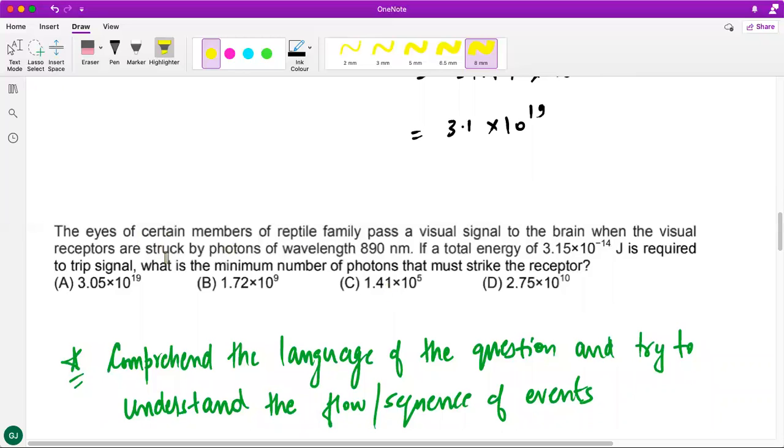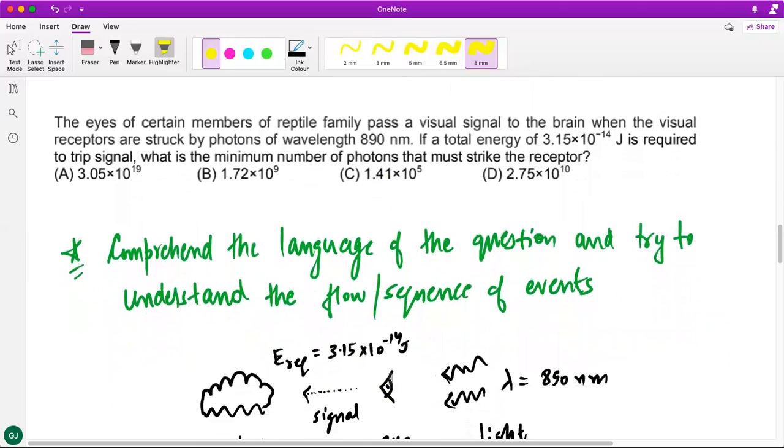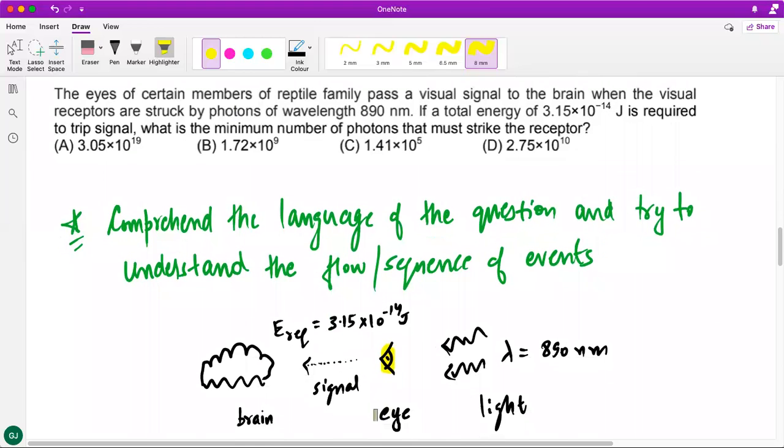So here you notice that there is this statement that eyes of a certain reptile family pass visual signal to a brain. Okay, so there is an eye which is passing a visual signal to the brain, right? This is a representation of the brain, and in order to do so, it is going to happen when it is struck by photons of wavelength 890 nanometers.